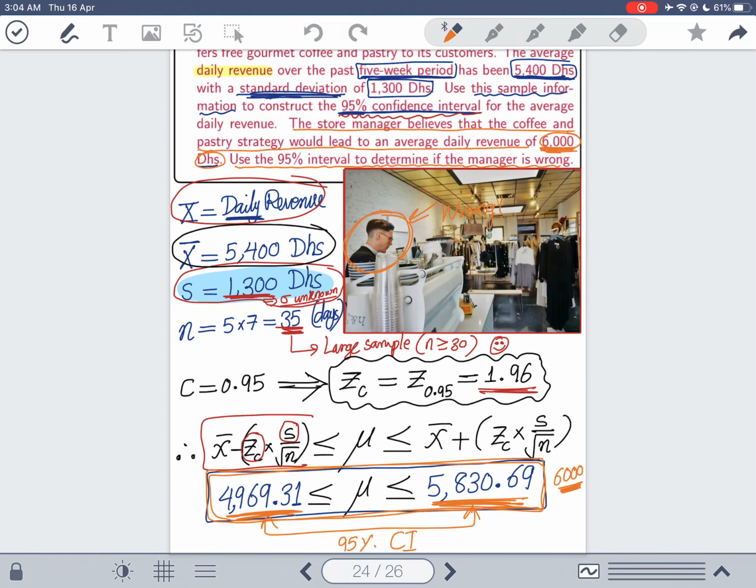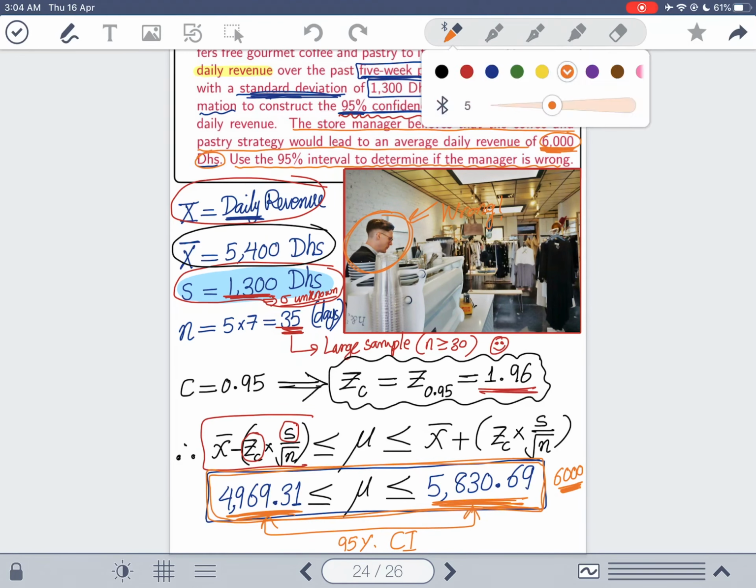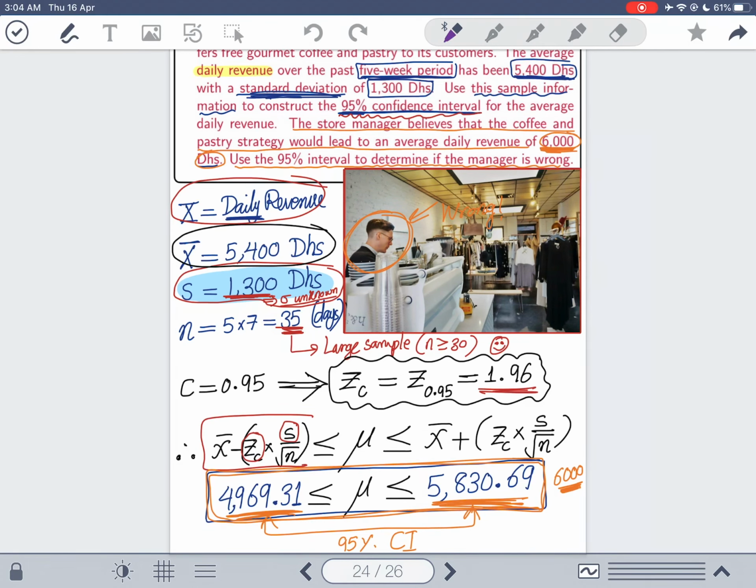What if you use the 99% confidence interval? Just think about this: if in the question, instead of 95, we put 99%, what would be the difference in the answer?